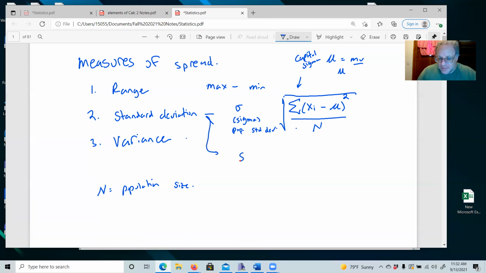We also have s. This is the sample standard deviation. Now I'm a little bit better than I used to be as far as telling you, is it a population or a sample? Samples are some of the objects in question. We like statistics because we like to do samples.